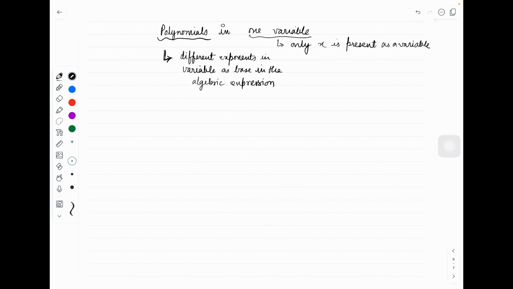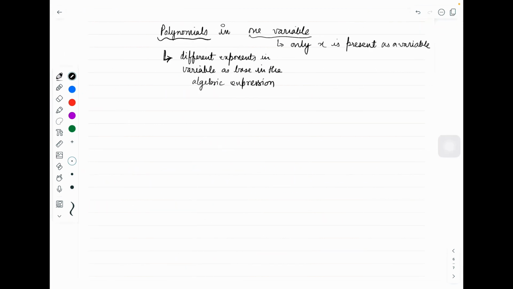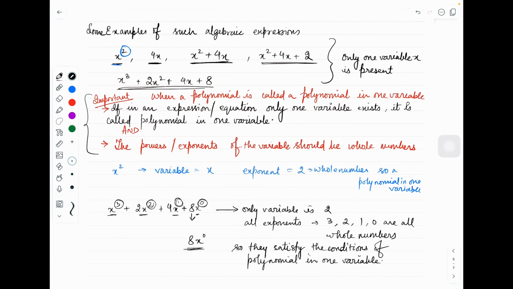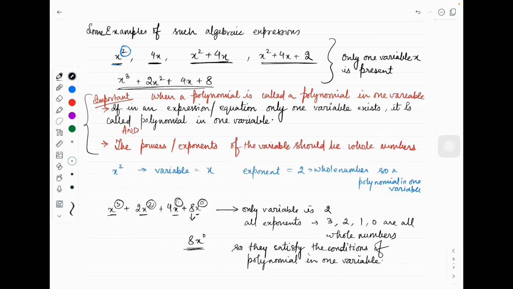In the previous example, I have covered these things. Polynomials in one variable means what? Polynomial means different exponents are there on the variable in the algebraic expression, and they are whole numbers. I've already told you, if you write a to the power m, a is the base and m is the exponent.